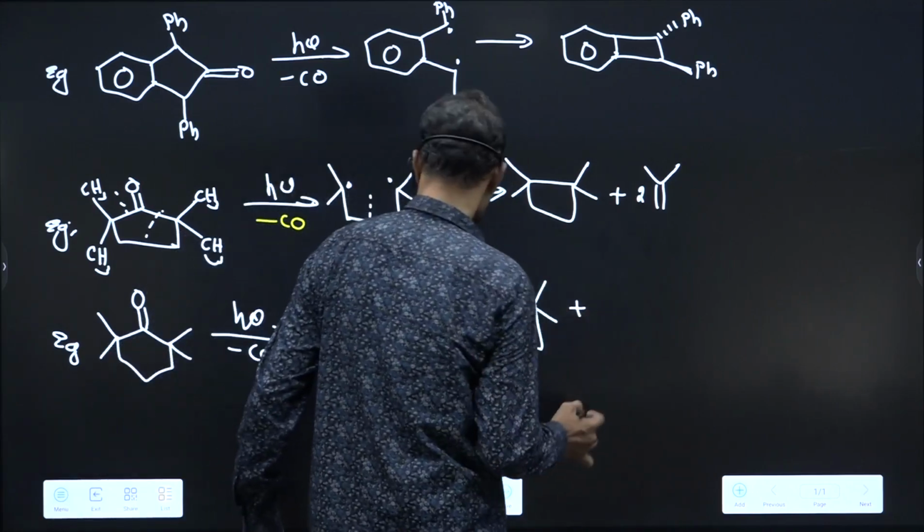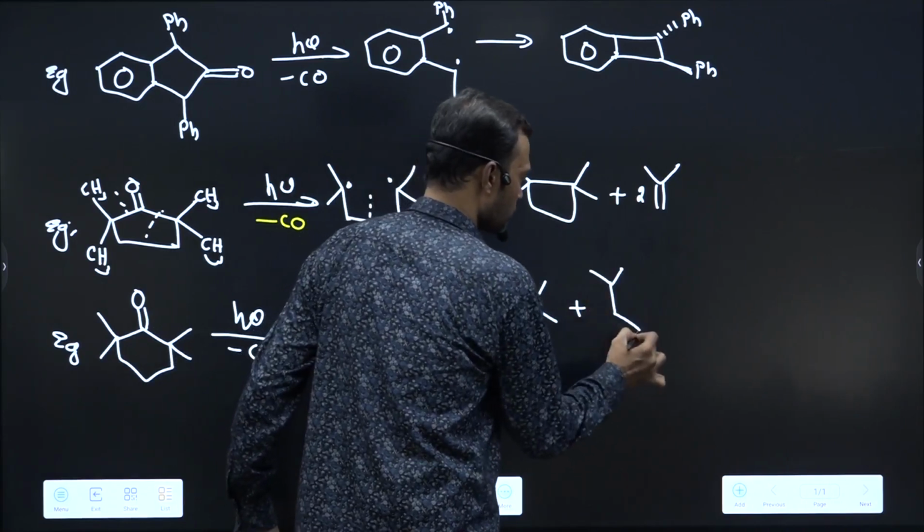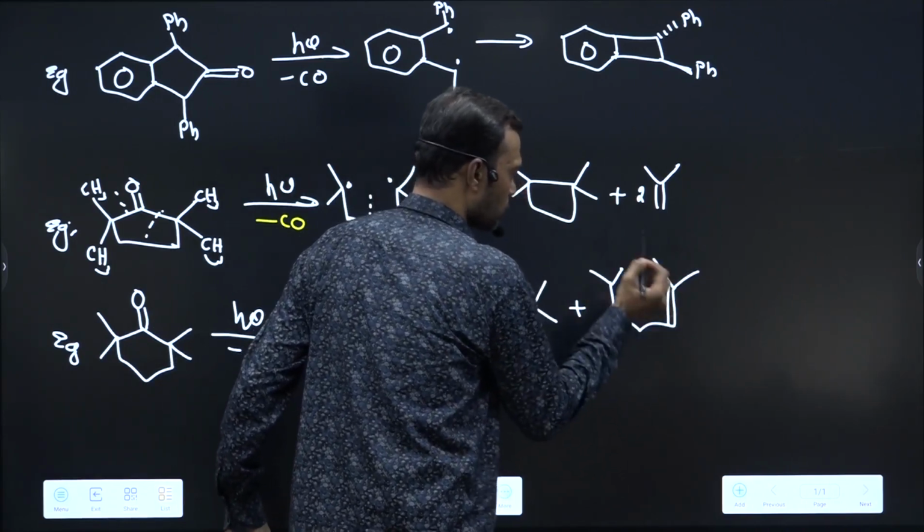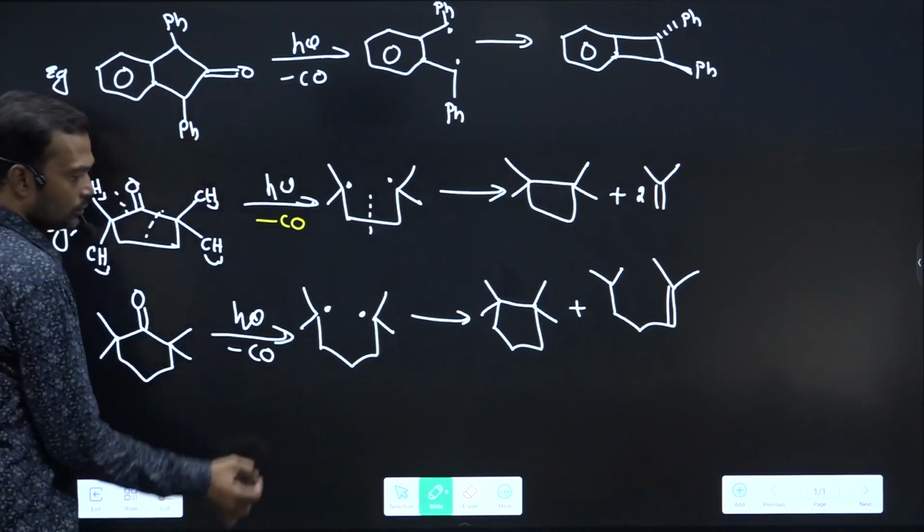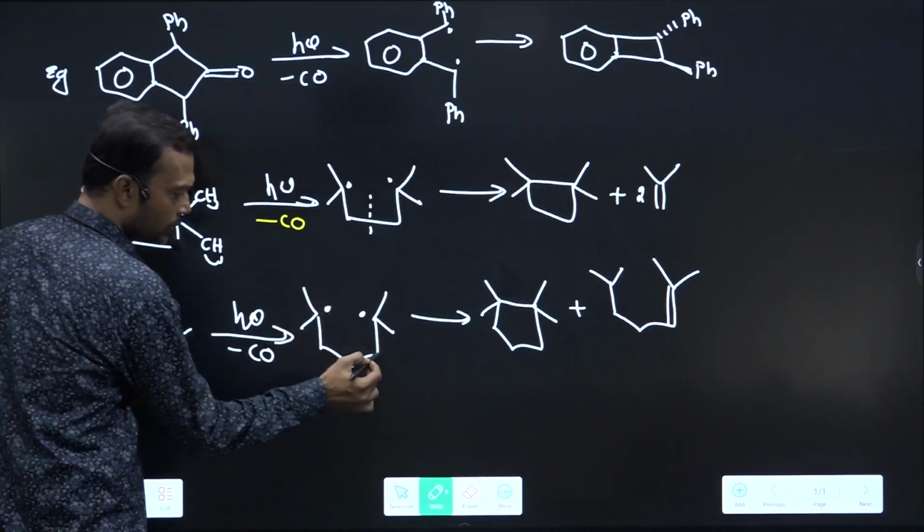So after the 5-membered ring, there is a possibility of transferring hydrogen from here. So here put a double bond like this. This radical joins together, that is one answer.